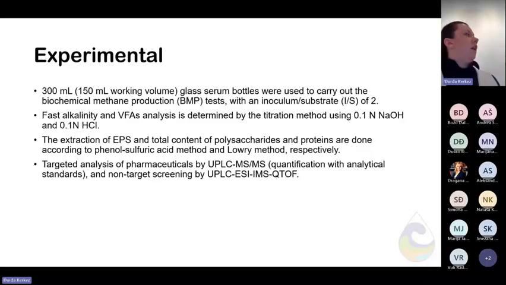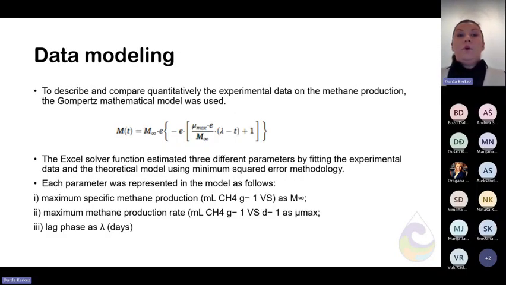Targeted and non-targeted analysis was performed by our colleagues from UPEC last year in June, and they helped us with this investigation. Data modeling was done using the Gompertz mathematical model.